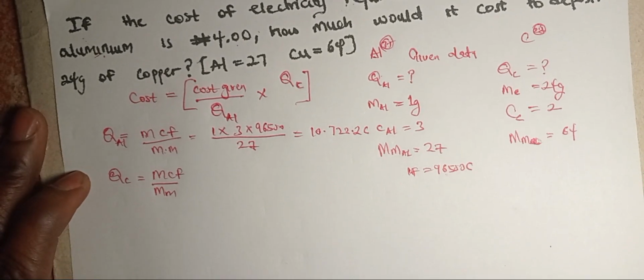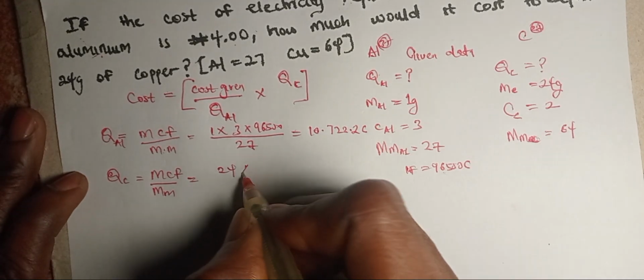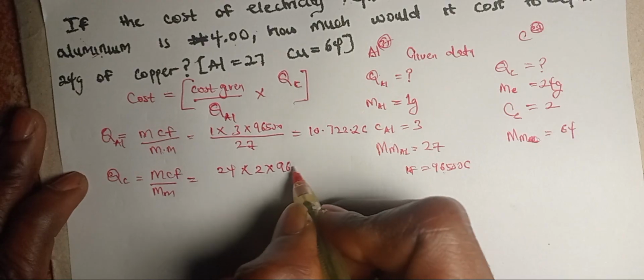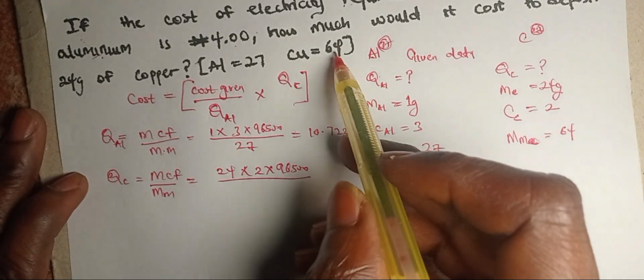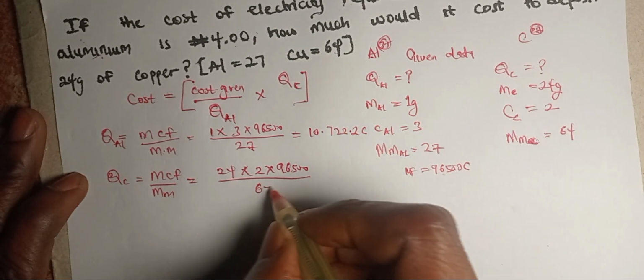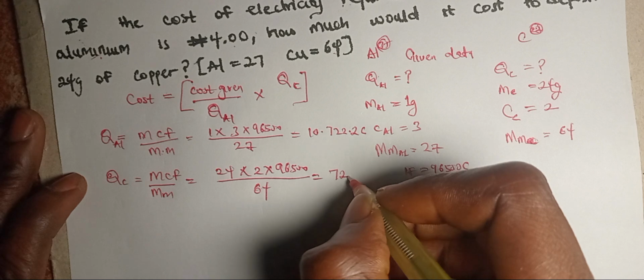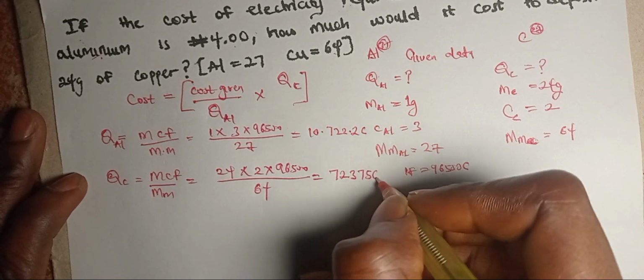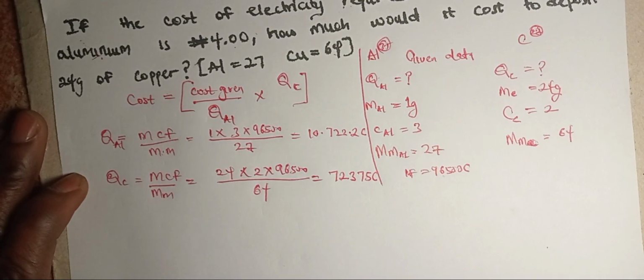For the copper, we have 24 multiplied by 2 multiplied by 96,500, upon the molar mass of copper, which is 64. This will give us 72,375 coulomb.